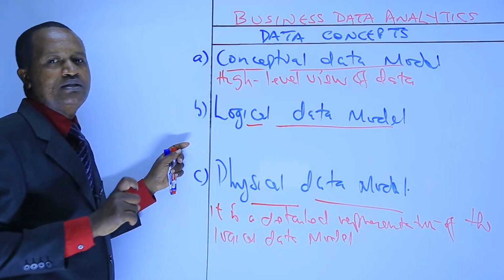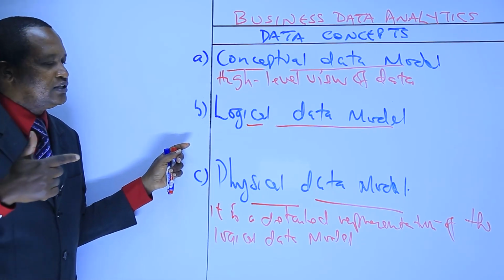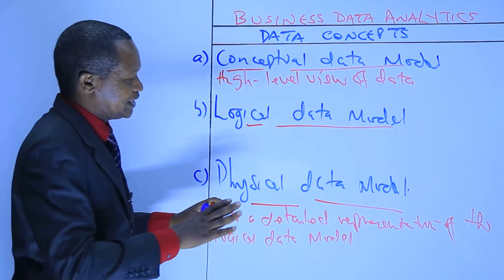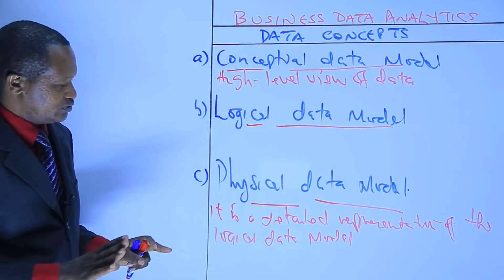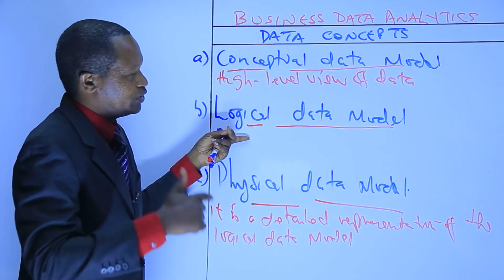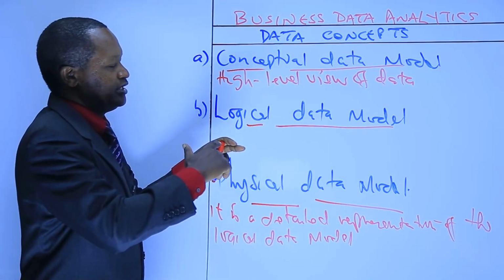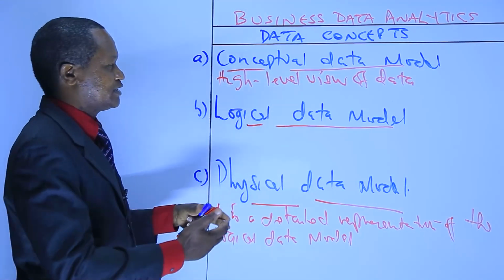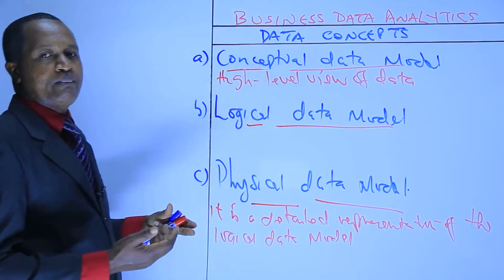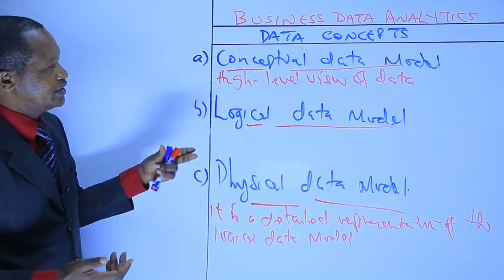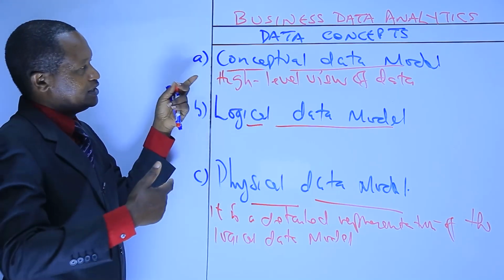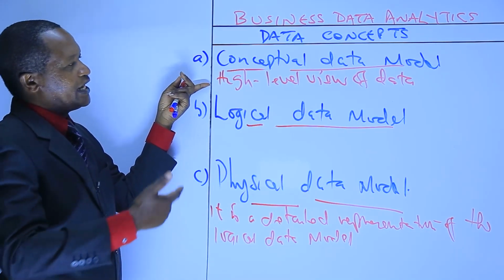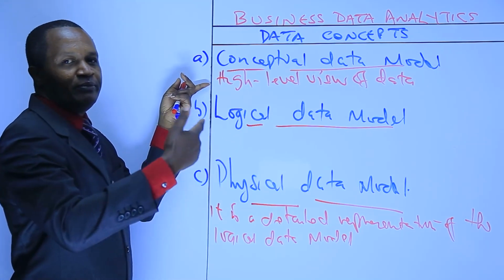And in other words, candidates, the physical data model is a representation of the logical data model, which we say expounds on the conceptual data model by getting into the technical aspects, giving the details about data. So candidates, in summary, the conceptual data model, I've said, provides a high-level view of the business concepts.